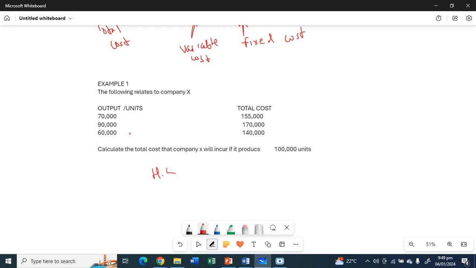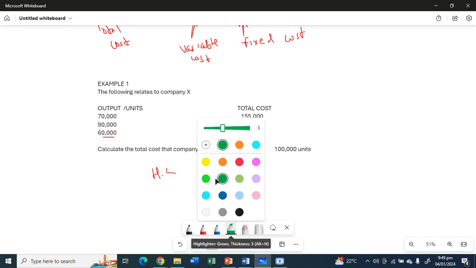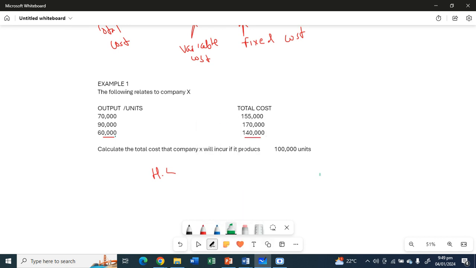So in this case, the lowest output is 60,000, the lowest cost 140,000, then the highest output 90,000, the highest cost 170,000. That's the first thing you need to do: determine the highest cost and output, lowest cost and lowest output.